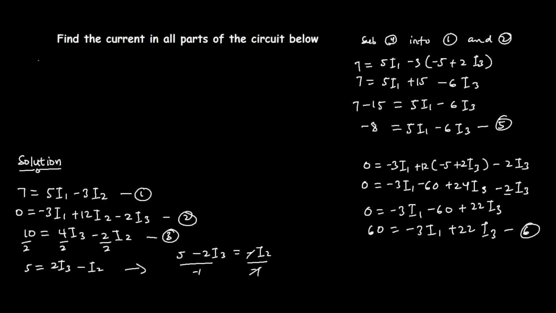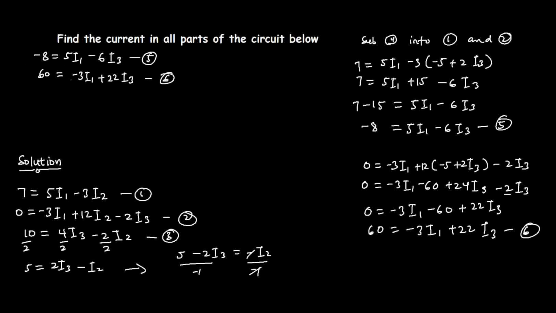So from equation 5, we have minus 8 equals 5I1 minus 6I3. That's equation 5. And then equation 6 is 60 equals minus 3I1 plus 22I3.